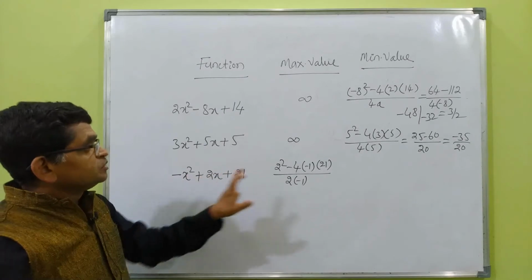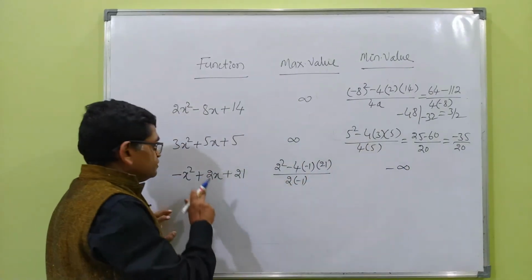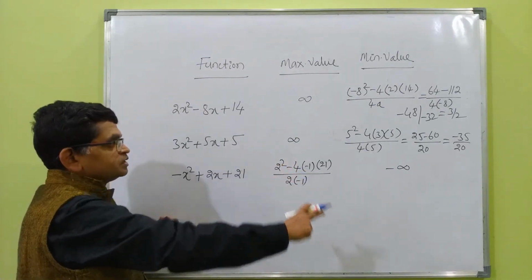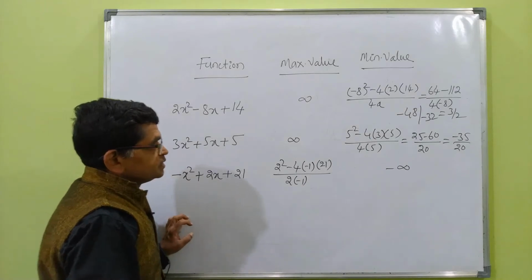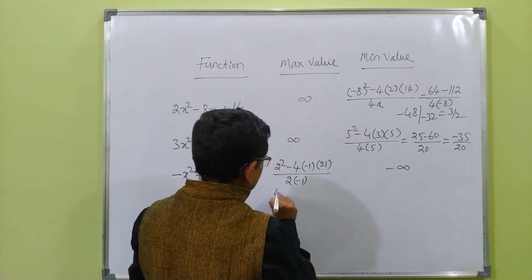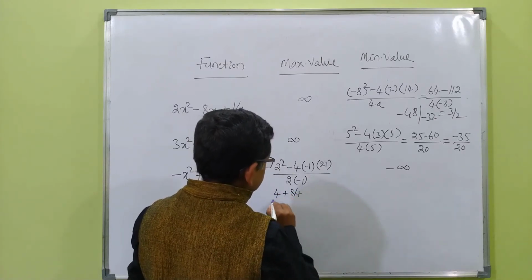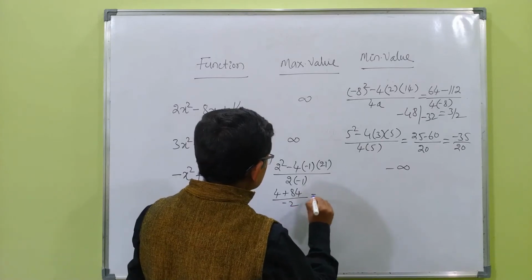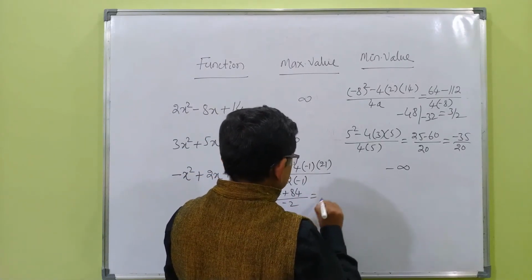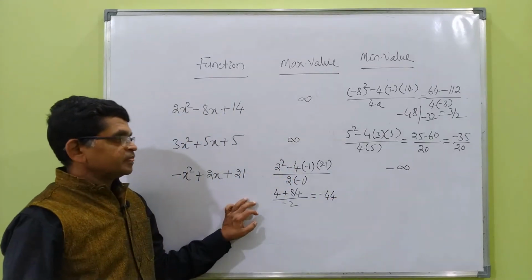If it is negative, minimum value will be minus infinity. And if it is negative, maximum value will be b square minus 4ac divided by 2a. That is, here what happens, 4 plus 84 divided by minus 2. So minus 88 means minus 44, isn't it?